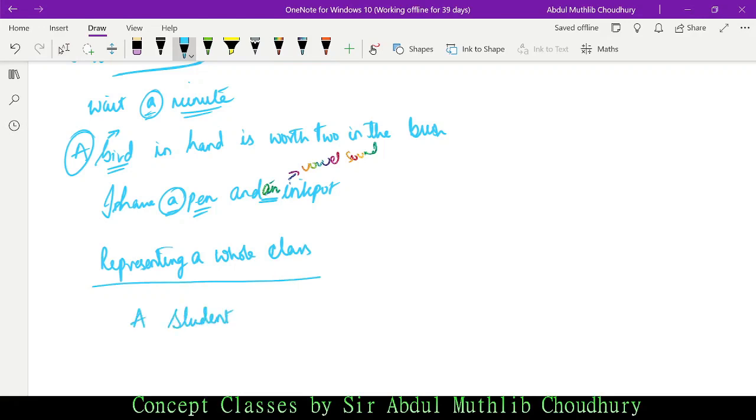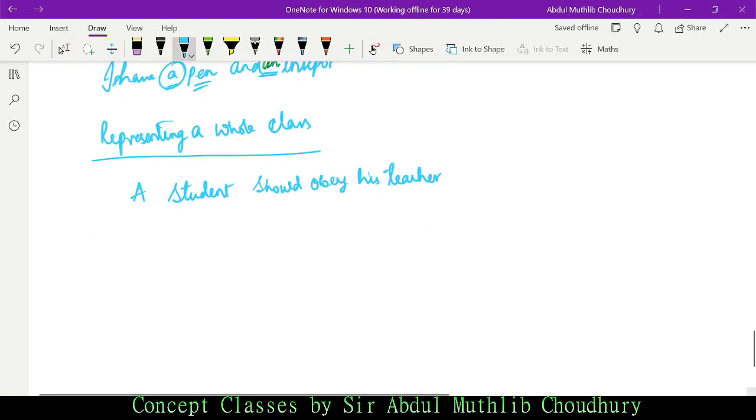Suppose a pupil or a student should obey his teacher. In general, in a vague sense, a student should obey his teacher.